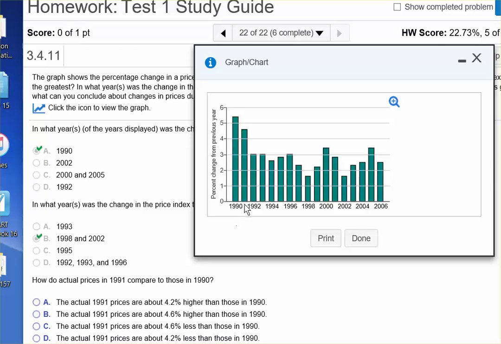And then in 1991, the prices actually shot up 4.6%, right? So the actual price in 1991 was about 4.6% higher than in 1990. So this tells us how much it grew, from this year to that year, about 4.6%.